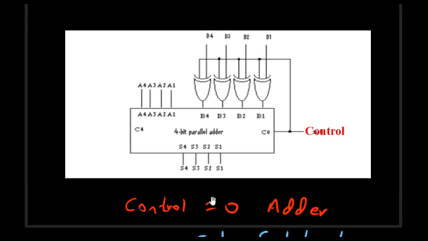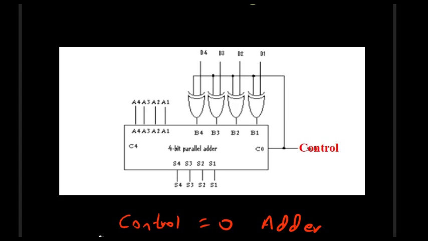How does it work? Suppose you make this 1. When this becomes 1, a carry in is already given to the circuit, and one input of each XOR gate becomes 1 because of this control pin. Now whatever input we give here, suppose we give 0 1 0 0.